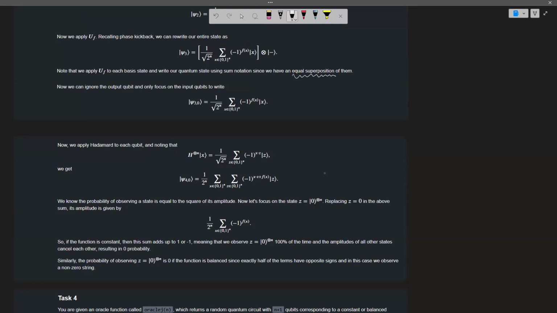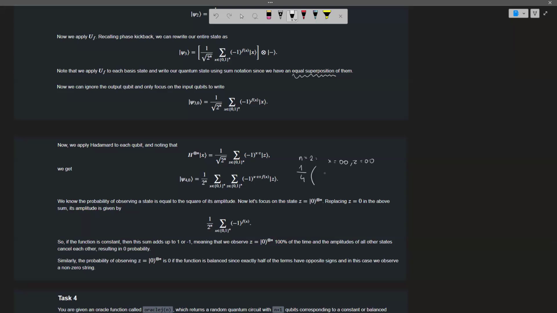So first, let's calculate it for n equal to 2. So it will be 1 divided by 4. And first, we're setting x to 0, 0. And then z is going to be 0, 0. Now, x bitwise addition z is 0.